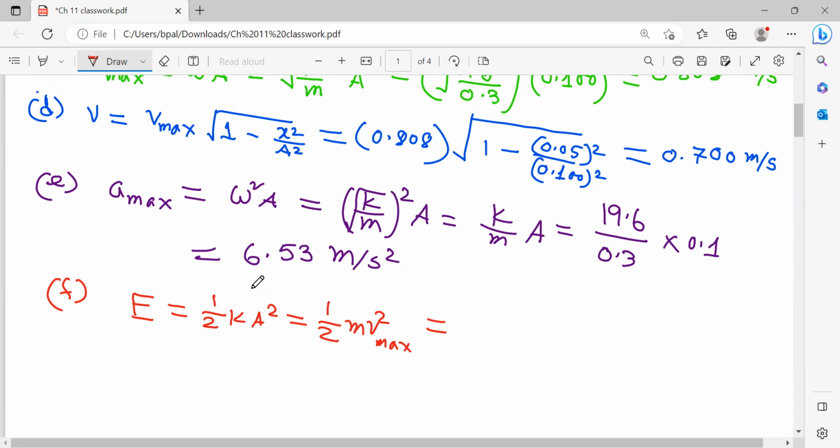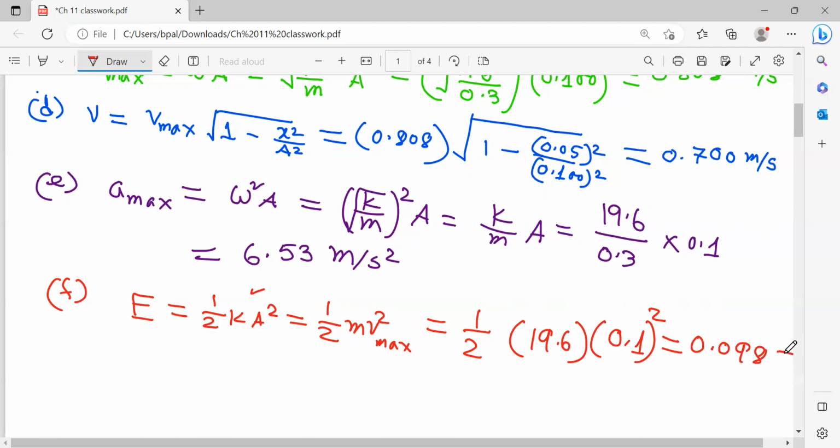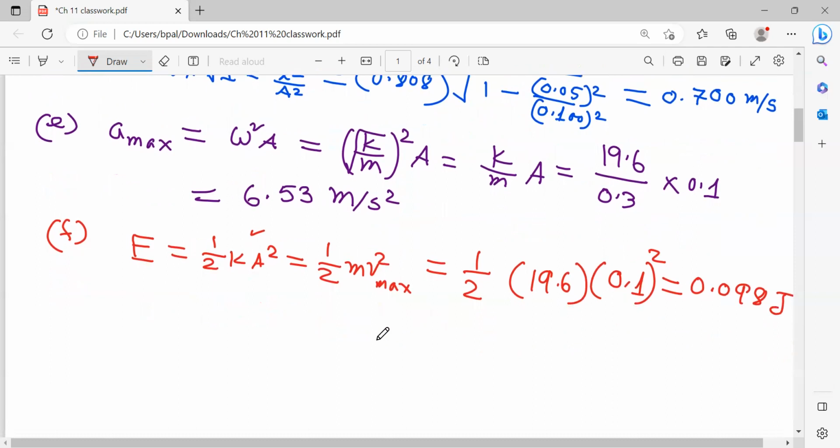Half K is 19.6 and A is 0.1 square, and that gives me 0.098 joules. So that is the total energy.